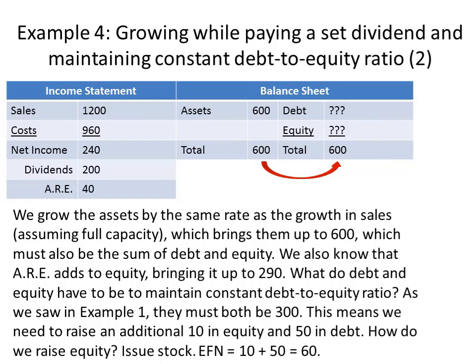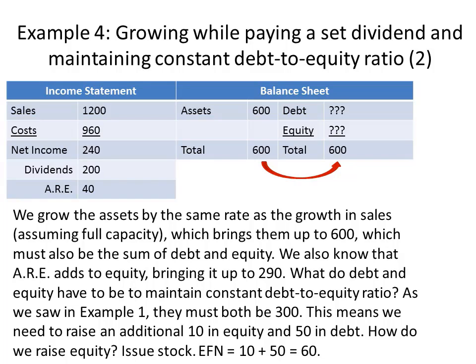As in our previous examples, we assumed that our assets were fully utilized in the current period. So planning going forward, we need to grow the assets by the same percentage as sales, and that brings our assets up to 600. And that lets us know that our debt plus equity must also equal 600. Now the equity is going to rise by 40 from 250 up to 290. But if we're going to maintain a set debt to equity ratio, we need to have both debt and equity equal to 300.